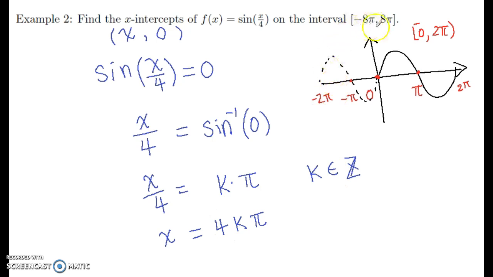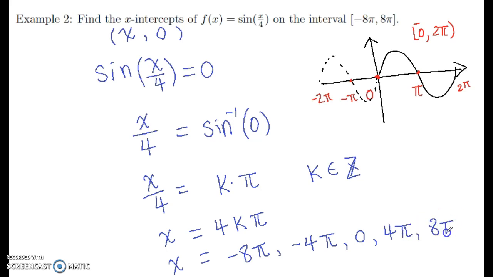But we want to solve it on the interval negative 8 pi to 8 pi. So in this interval, we really have negative 8 pi, and it's 4k pi, so negative 4 pi, 0, 4 pi, and 8 pi.